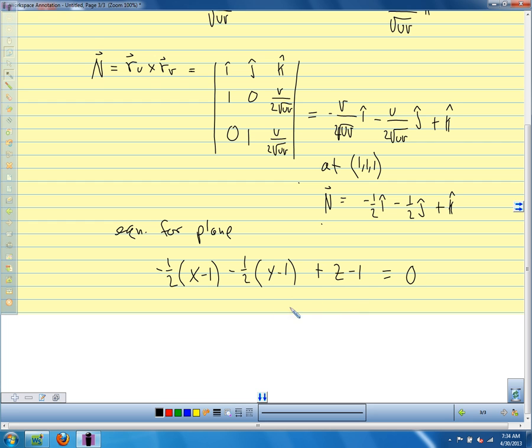Or we could rewrite that if we distribute everything and simplify. We get x plus y minus 2z equals 0. So that's our tangent plane at 1, 1, 1. Find the cross product of our partial derivatives to get our normal vector.